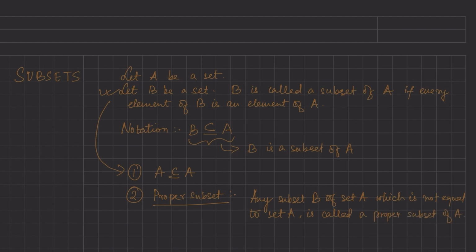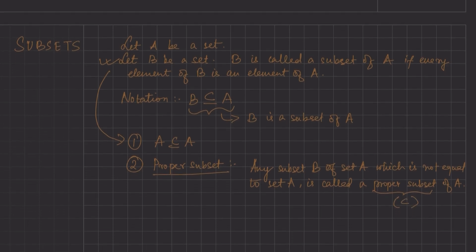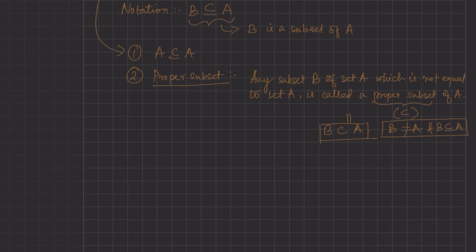To denote what a proper subset is, we usually use this notation. So in this case, this is pretty much equivalent to saying that the particular set B is a proper subset of A and B is not equal to A and B is a subset of A. These two concepts together imply the concept of the proper subset.